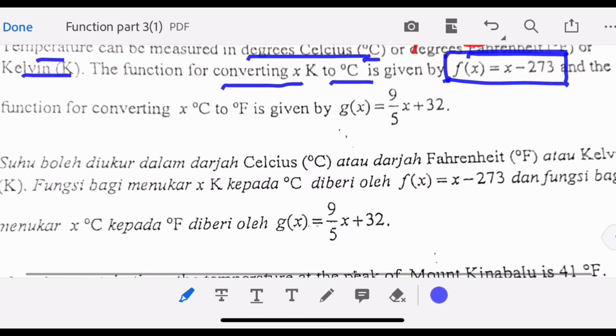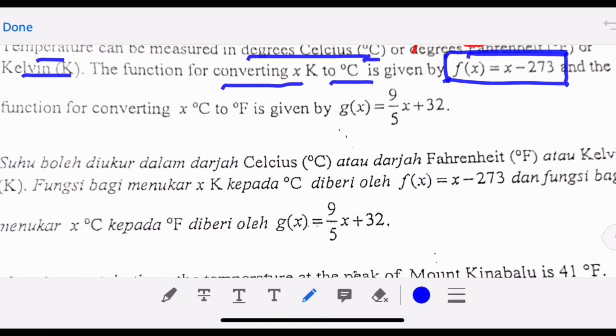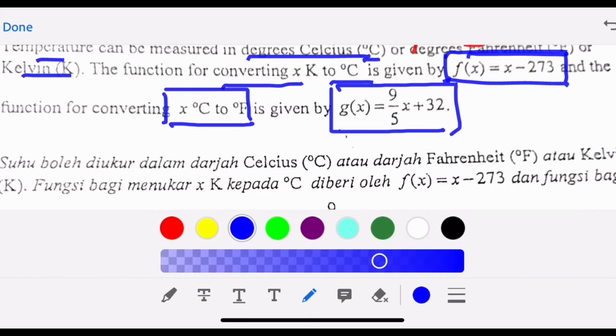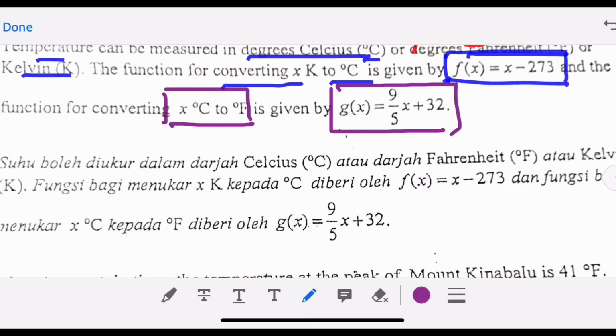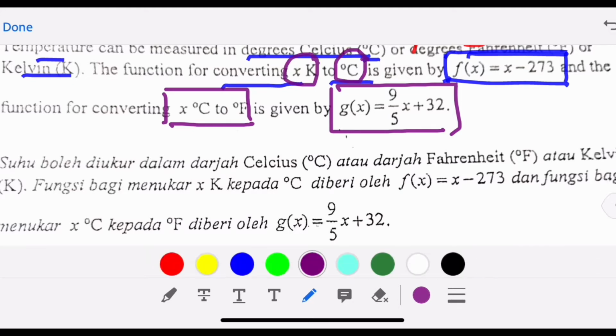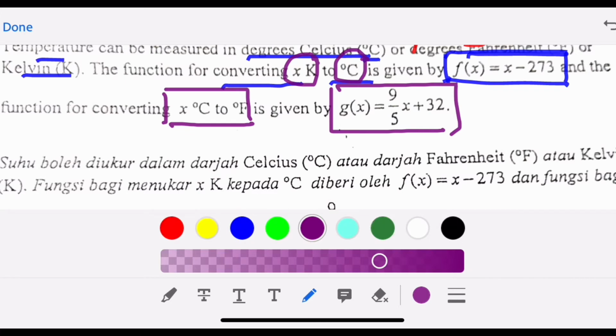And the function for converting Celsius to Fahrenheit is given by this formula. So that means we have two functions. One function is converting Kelvin to Celsius. The other function will be converting Kelvin to Fahrenheit.